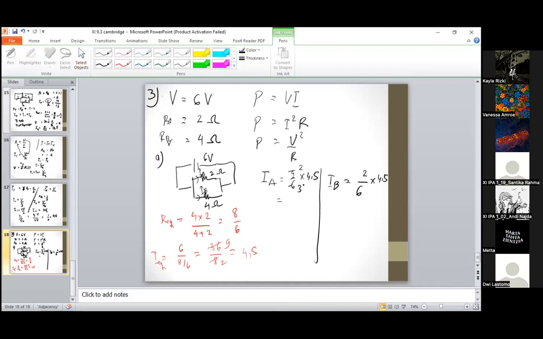So it will be 3. Okay. After we know about this, we can choose one of these questions. If you want to know the PA, it is like P equals I squared R. So we get 6, 3, then 18 watt.